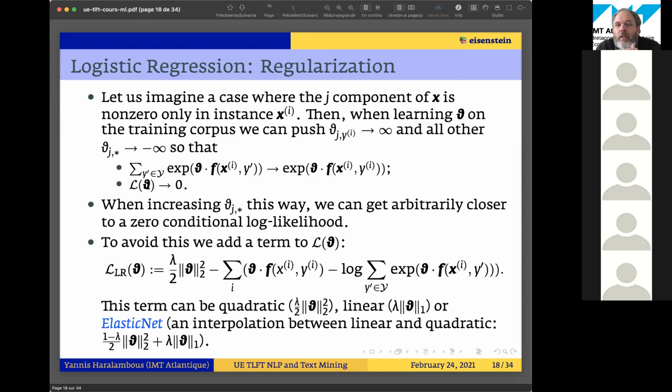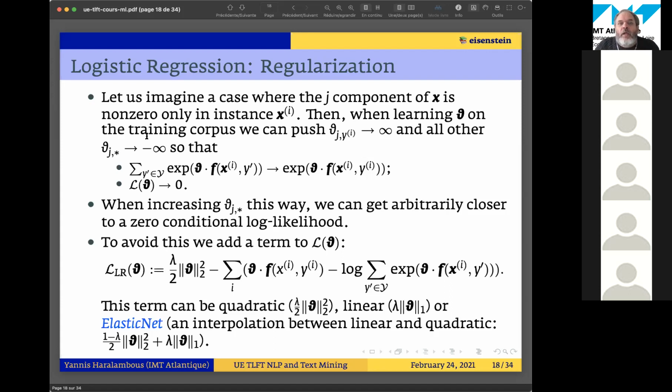Okay, but that's cheating, and this will give me a very, very bad model. Because if I want to do a prediction and this word is not there, then my prediction will go bananas.